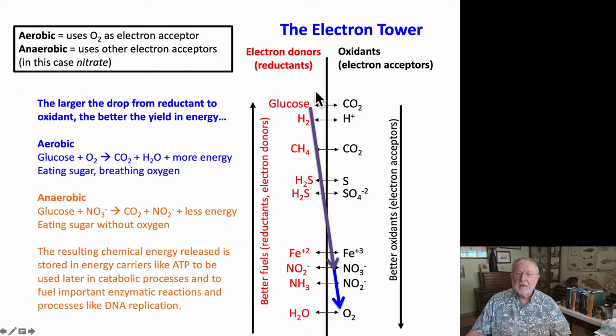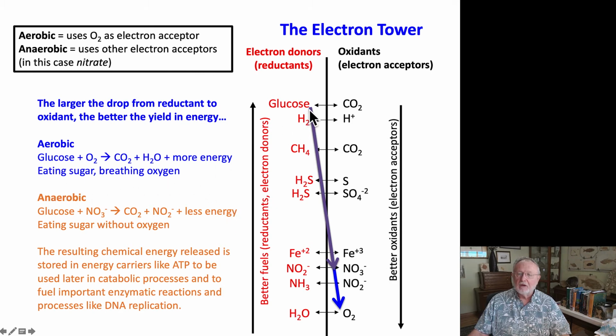In this big drop, we get the most energy exchange of all the possible exchanges shown here. This is an aerobic reaction, but we can also have glucose interacting in anaerobic reactions.